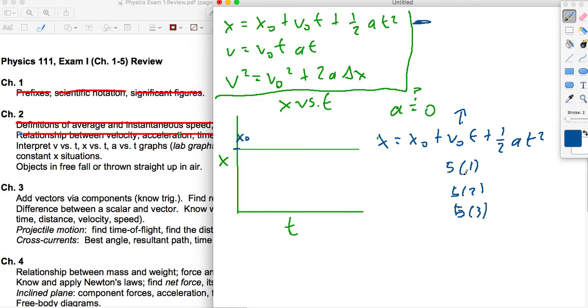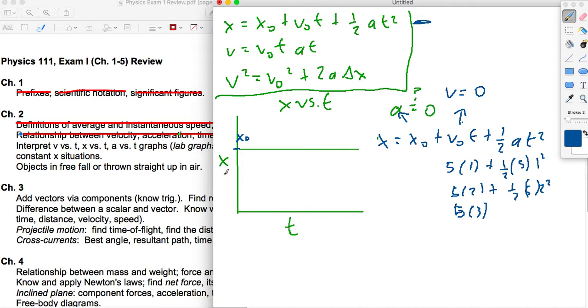I just chose 5 at random. It would be increasing. Is this increasing? It's not, right? What about with acceleration? If there was an acceleration, it would be like 1/2 times 5 times 1 squared, 1/2 times 5 times 2 squared. But it's not increasing, right? Because it's addition, it's not. Therefore, not only is our acceleration 0, we can also conclude that our velocity is 0.